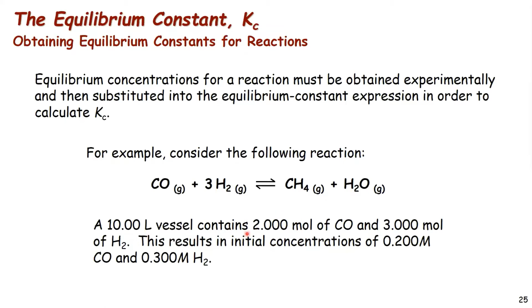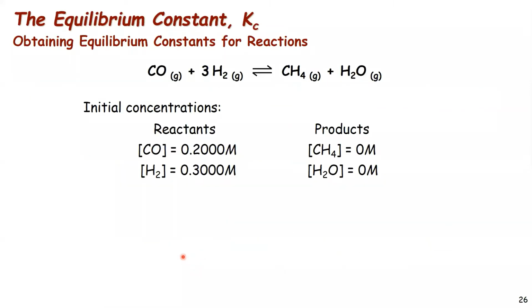So all I did was take the 2 moles divided by 10 liters, right? So that's the molar concentration, so 0.2 molar, and then the 3 moles divided by 10 would be 0.3 molar. So those are the initial concentrations of my CO and my H2, okay? We're assuming, again, we had a clean reaction vessel, so there was no product, so no methane or water.